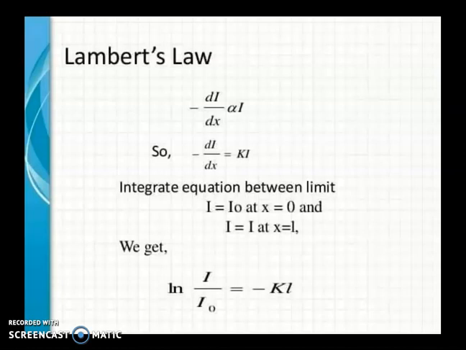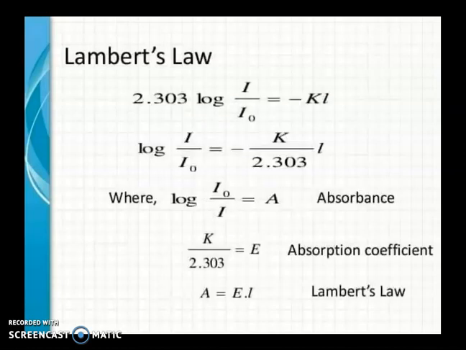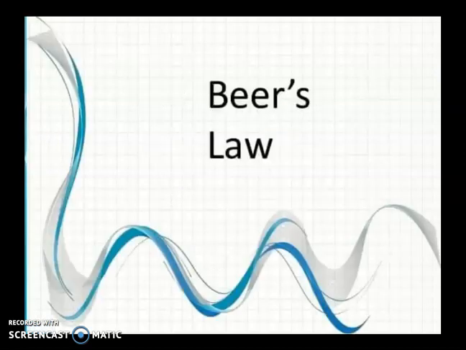Integrate the equation between limits I = I0 at x = 0, and I = I at x = l. We get ln I0 by I = kl. Converting, 2.303 log I0 by I = kl. So log I0 by I = kl by 2.303, where log I0 by I is absorbance, k by 2.303 is the absorption coefficient, and A = El, Lambert's law.